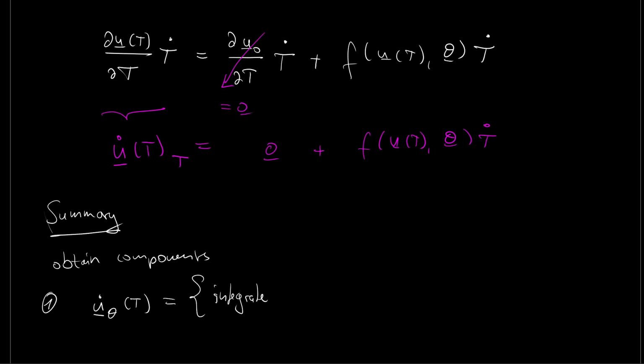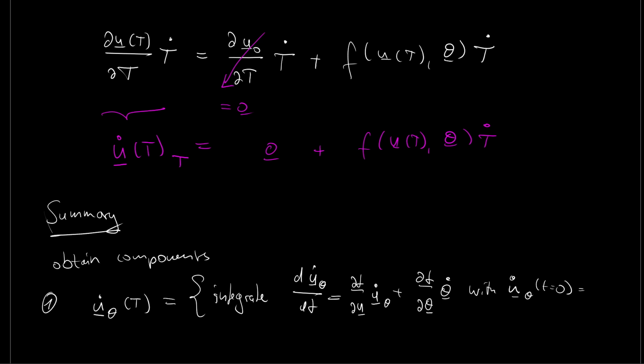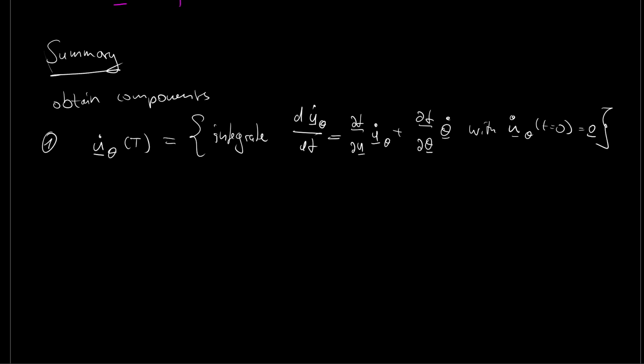So let's say we integrate d u theta dot with respect to t, which is equal to the Jacobian with respect to u multiplied with u theta dot, plus the Jacobian with respect to theta multiplied with theta dot, with the initial condition that the u tangent theta contribution at t equals 0 is the 0 vector. This was the very first one we derived.